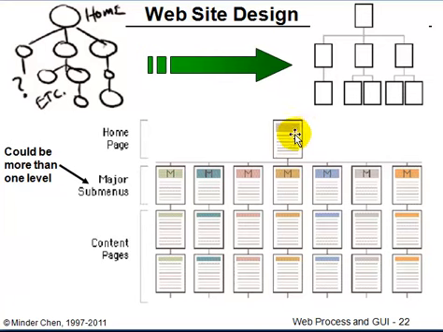On the top is the home page, which will link to some major sub-menu, sub-area, and then each sub-area will link to some sub-area or content pages. So this is how we structure various pages of a website. At the top of it is the home page. That's the launching place for the user who wants to visit your site.